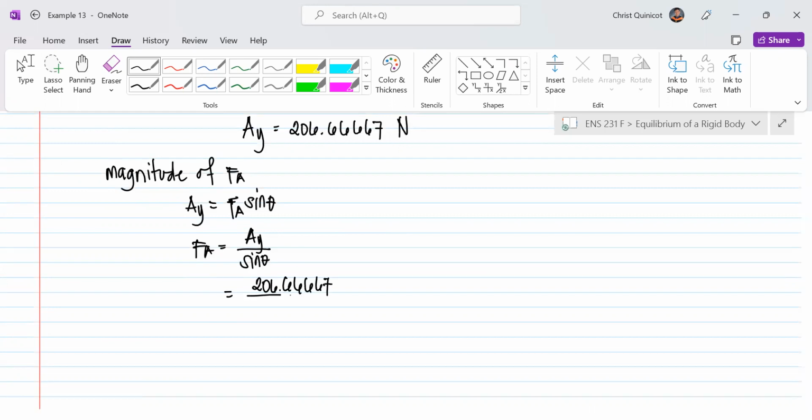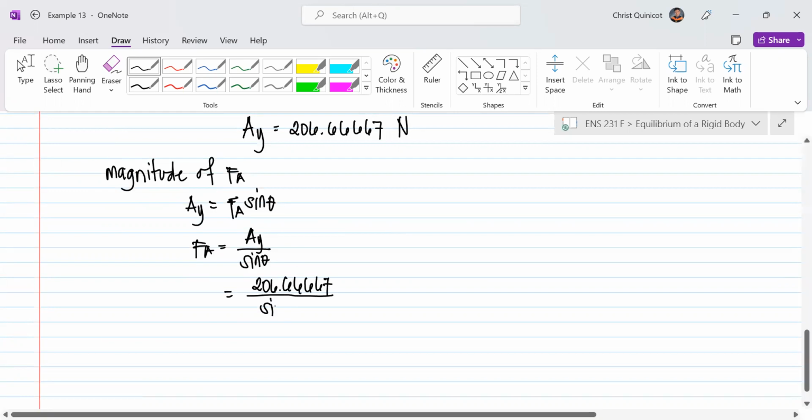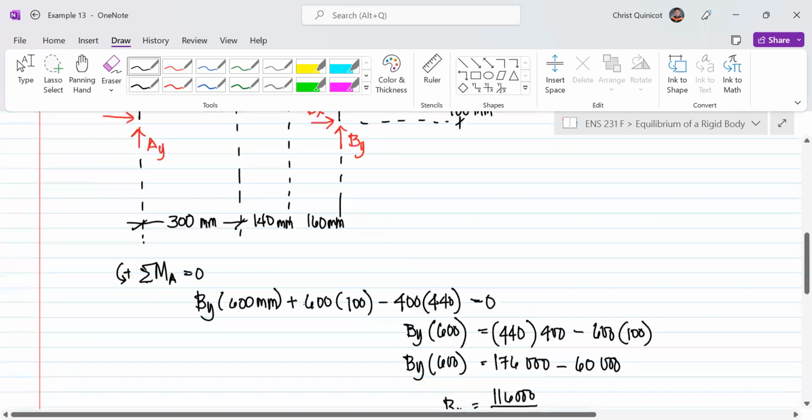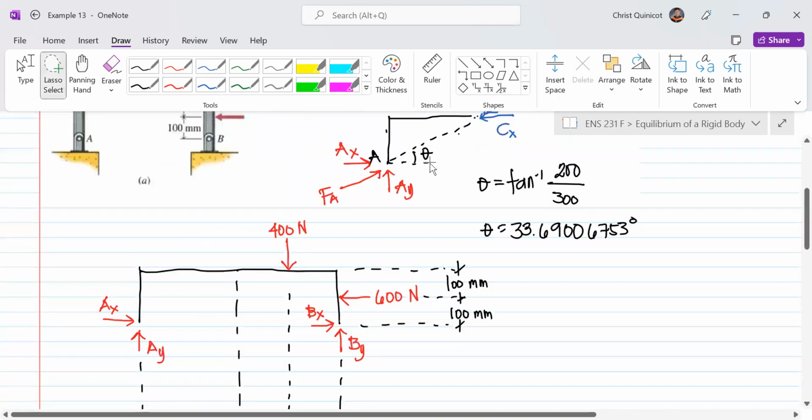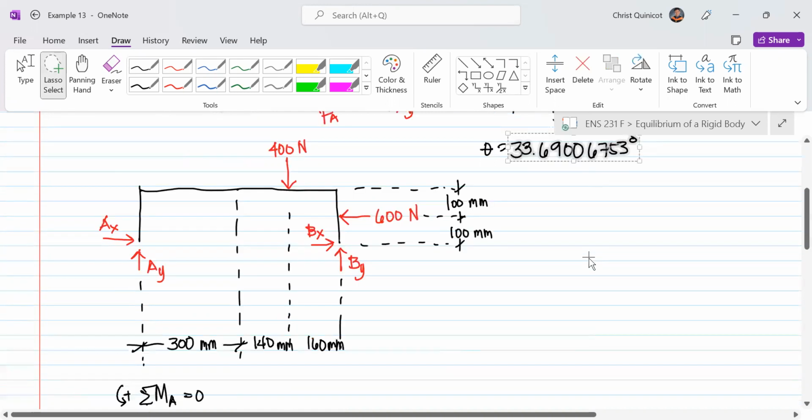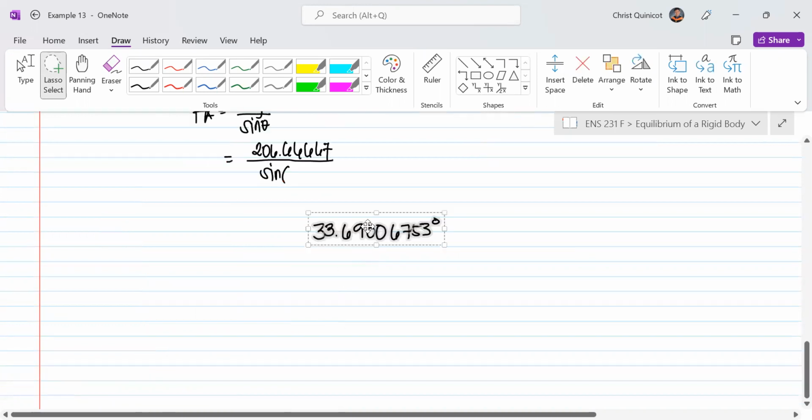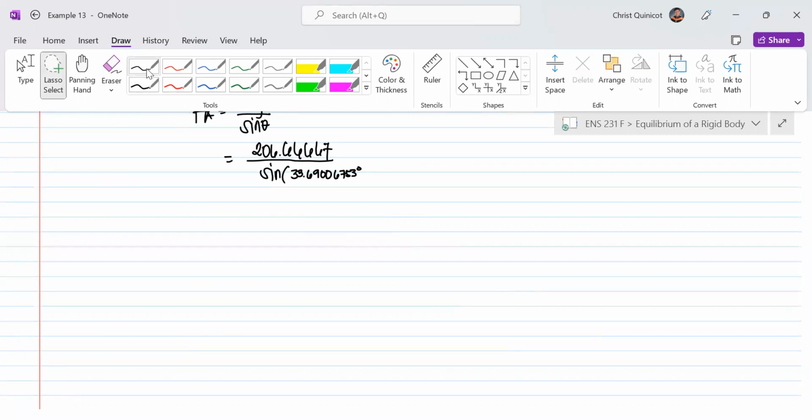So this is 206.66667 divided by sine of our angle here, 33.6900675 degrees.